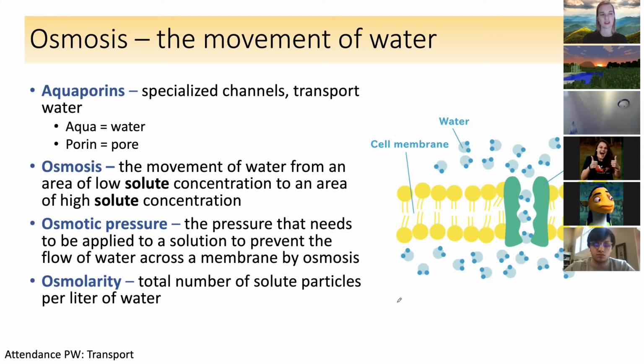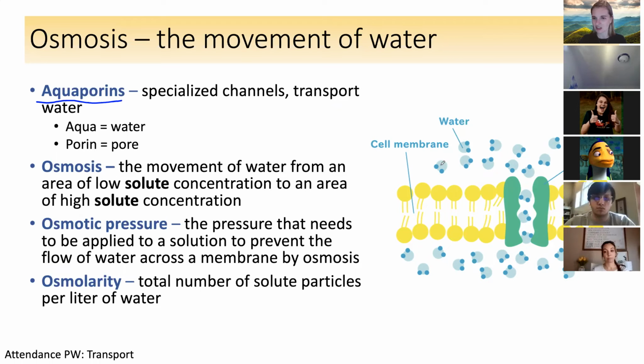Again, osmosis is the movement of water, and that's really important to ingrain. We're going to pull in a special protein carrier known as an aquaporin. These are specialized channels that are only going to move water molecules. I found this cute image this morning.